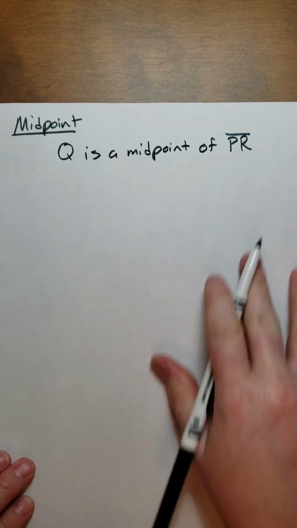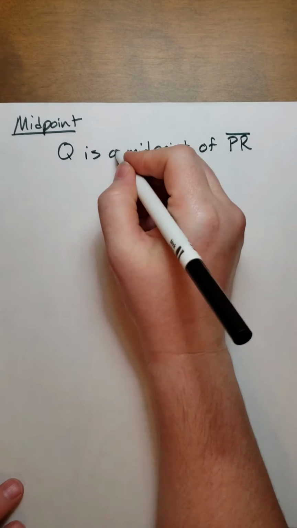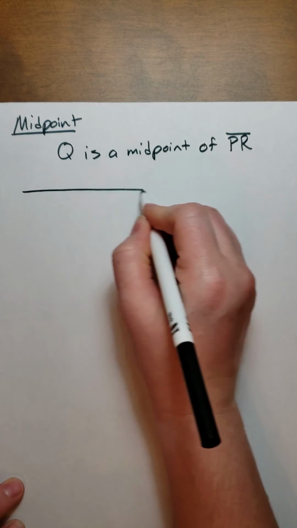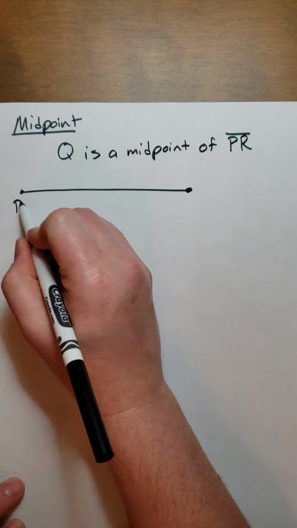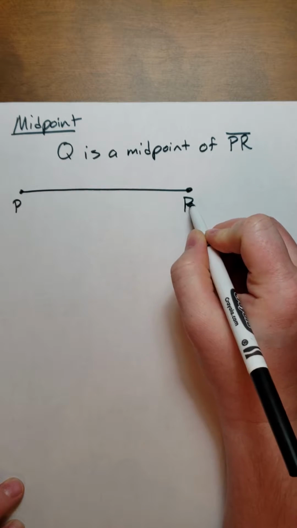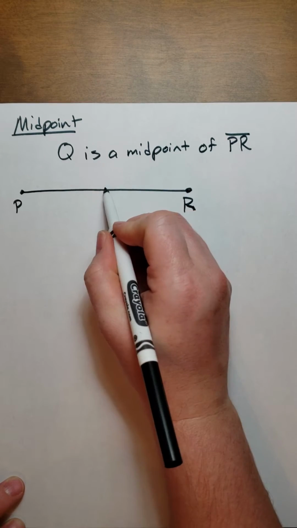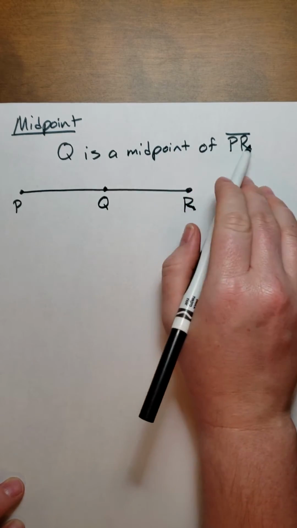Now you were not given any kind of diagram or anything. I'm sorry, you were on this one. So the segment we know is going to start off with P and then end in R. But when they say anything about a midpoint, that midpoint is right in the middle. So we know Q is in the middle of PR.